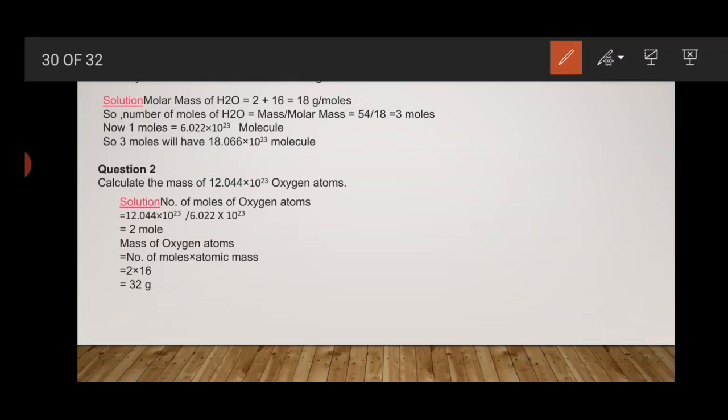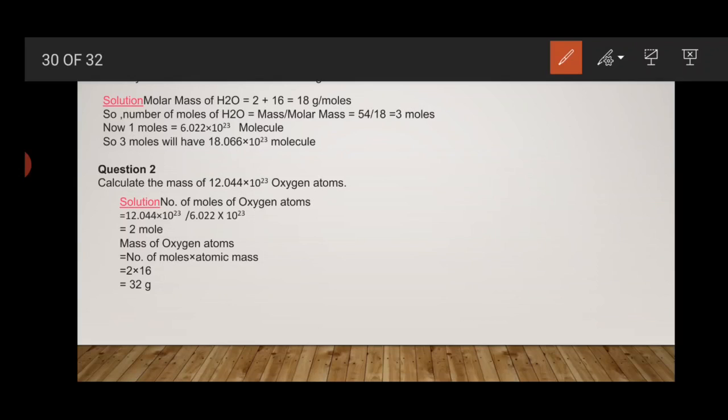Now let's see the second question. In the second question, you have to find out the mass of 12.044 into 10 to the power 23 oxygen atoms. The mass of 1 mole of oxygen atoms is 16 gram, which is equal to 6.022 into 10 to the power 23 oxygen atoms.